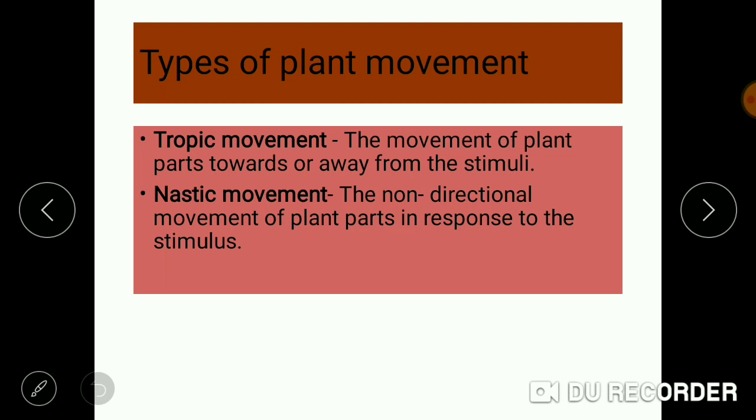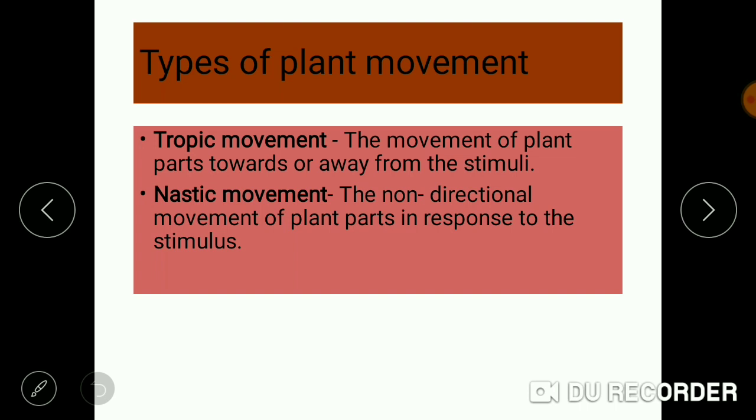The only difference is that tropic movement is either towards or away from the stimulus. The direction is very clear, either positive tropism or negative tropism. In nastic movement, the direction is not clear.